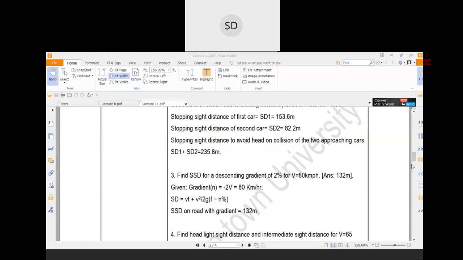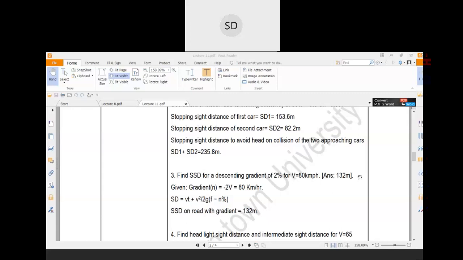Your next portion would be 22.22 square divided by 2 into 9.81 into 0.35 minus 0.02. Sir, I did 0.37.